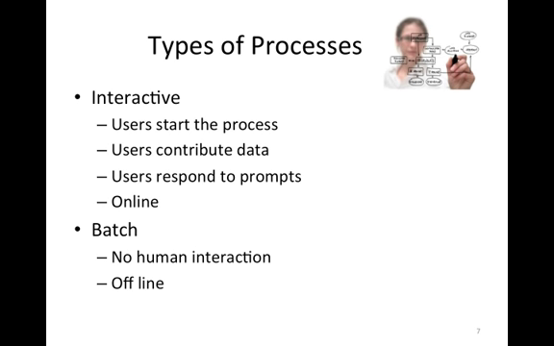And the user and the system interact. The user contributes some data, the computer responds. The user responds to prompts, data happens, a conversation or an interactive session between the user and the computer happens. And we call this kind of an interactive process, generally is called an online process.